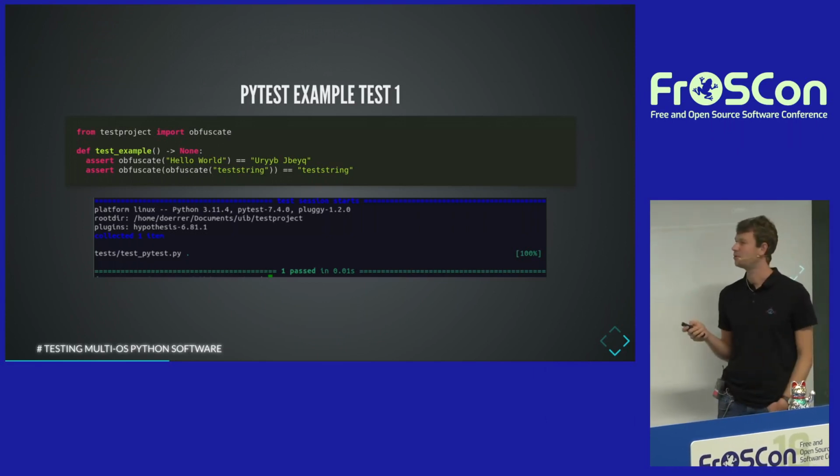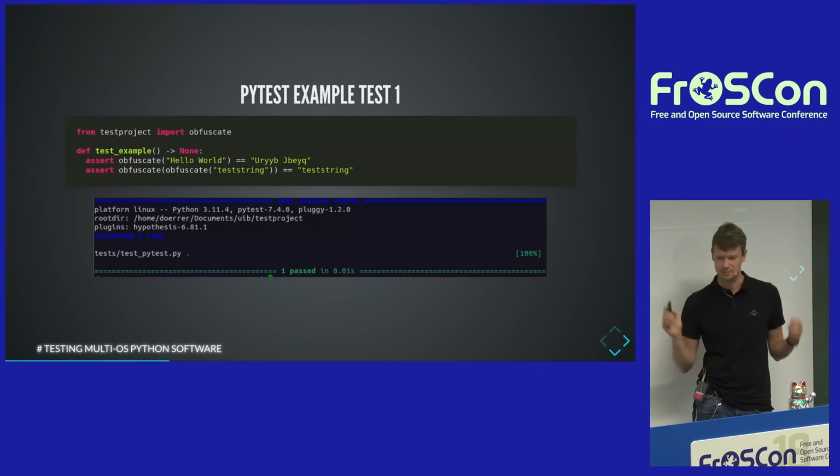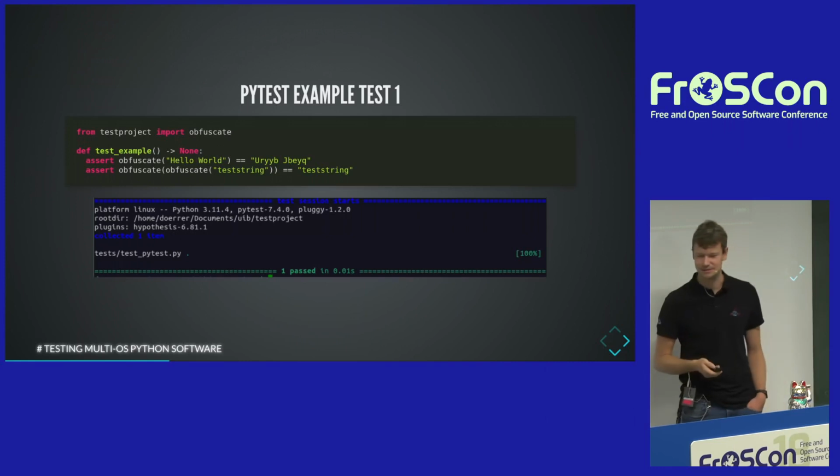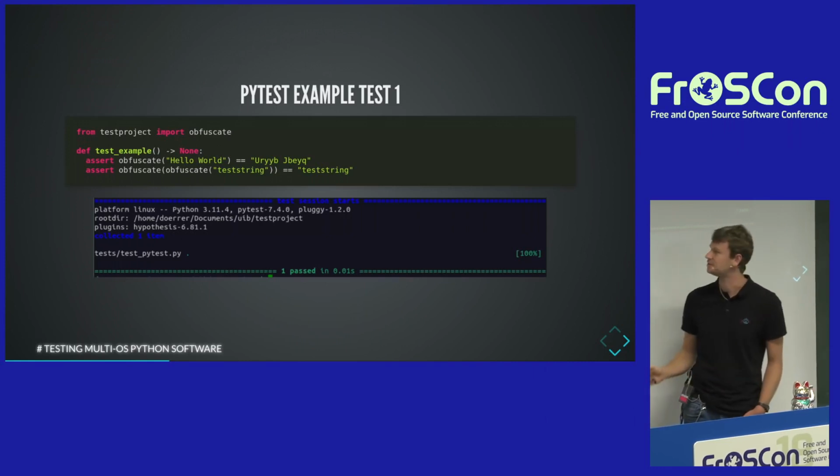In case there are more than one test in here, you will see multiple characters here, a green dot for a passed test and a red F for a failed test. And if all tests pass, then there's this nice green line. Always happy to see that. And you see that everything's all right.